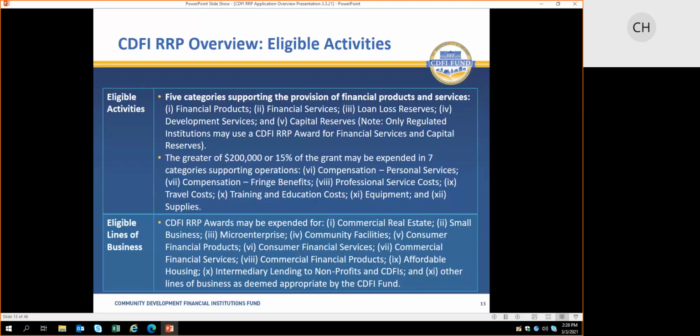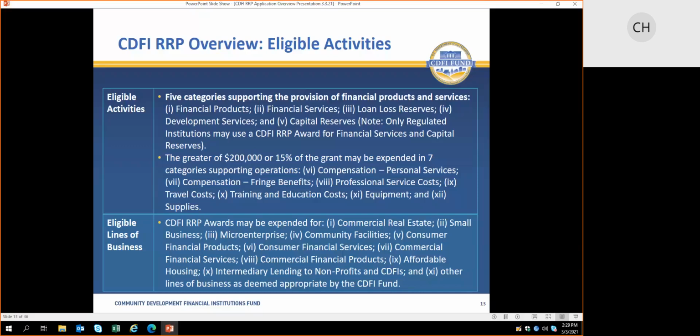But they can also spend a portion of the award on the eligible activity categories supporting operations. And those are compensation for personal services, fringe benefits, professional service costs, travel costs, training and education costs, equipment, and supplies. However, there is a limitation on that.